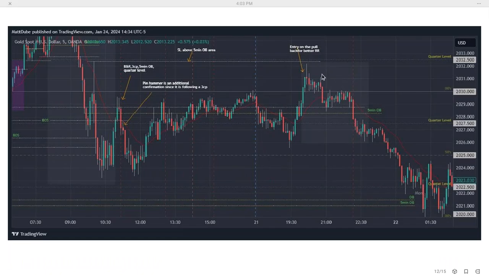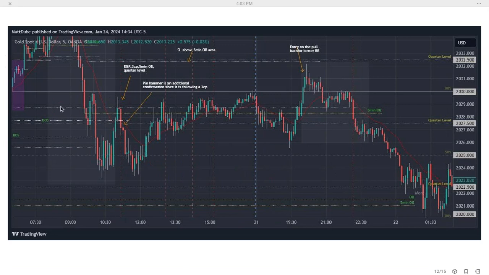Also, entries on the pullback for better R&R because we're still maintaining the bullish bias because we do see price here continuing to show us three candle patterns, M patterns, three candle patterns, and no reason at all technically for buys. So this would have been the optimal place to enter a trade where you risk so little to gain a lot. And we do have another entry right here as well.